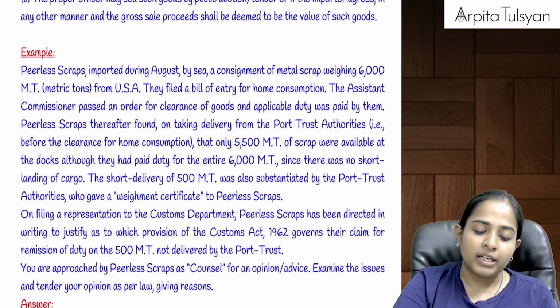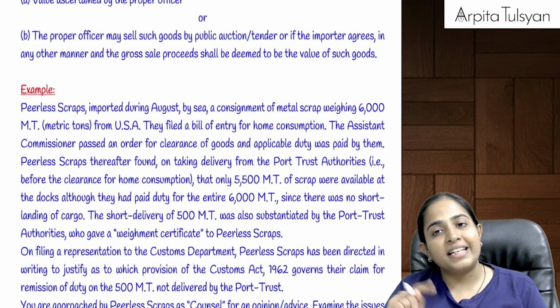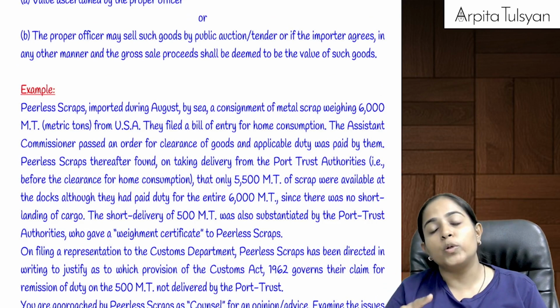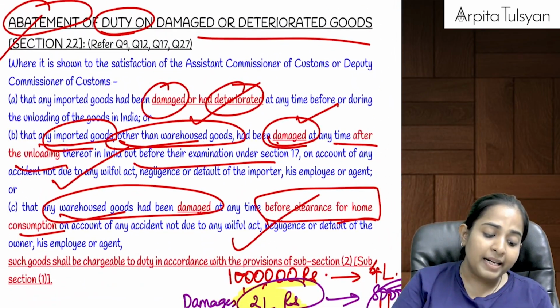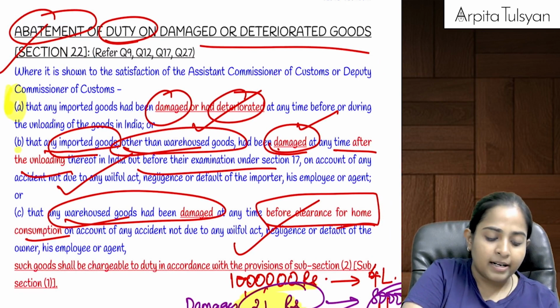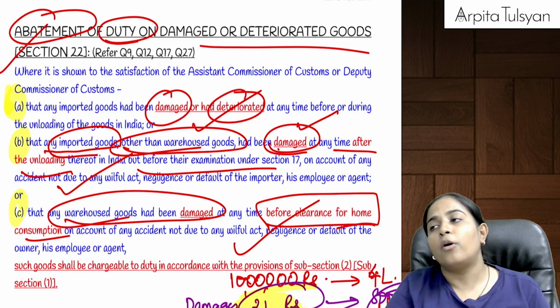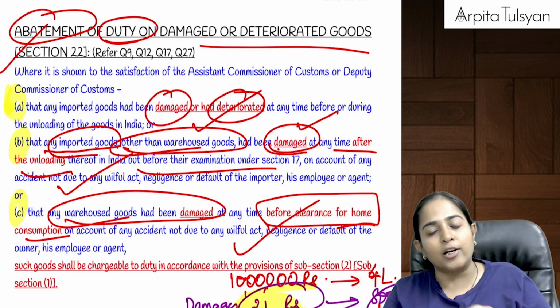So 3 important concepts are, section number 13 is pilferage, section 23(1) is lost or destroyed, and 22 is talking about damage or deterioration, and in 22 also, please consider the 3 points separately. First point is talking about damage or deterioration both, before or during the unloading.